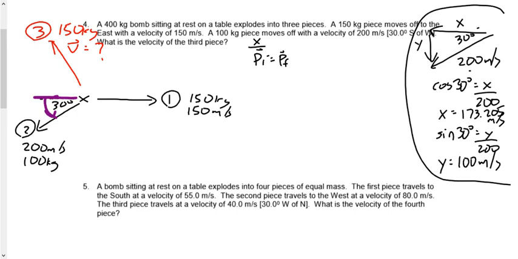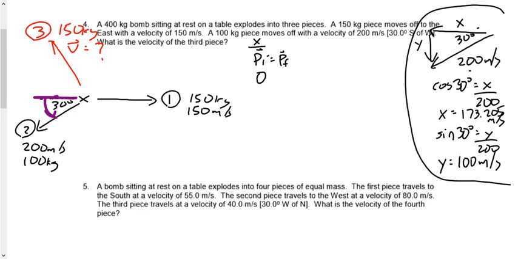What's the initial momentum of this bomb before it explodes? It's 0 because it's stationary, it's at rest. So we could put a term in there, m total times VI, but VI would be 0 and the term would become 0. If you recognize that right away, just put a 0 in there.